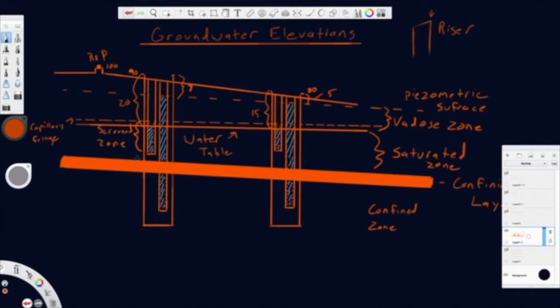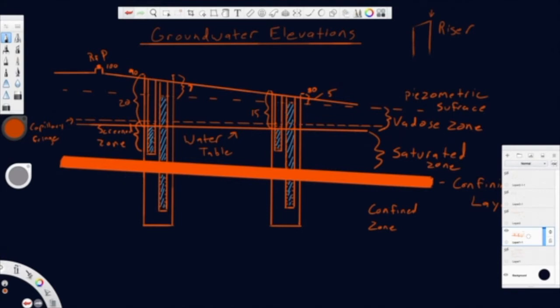From what I've seen, they're often 10-foot screen zones. They're slotted PVC, cut with slots to allow water in and keep the aquifer material out, and then you'll have your risers rising up above that so that you can access that water table.